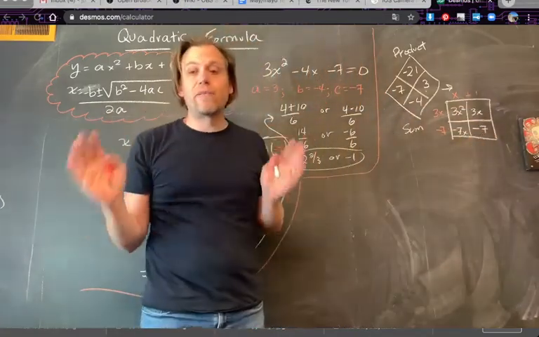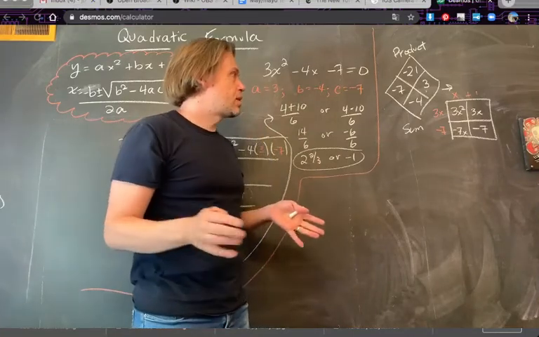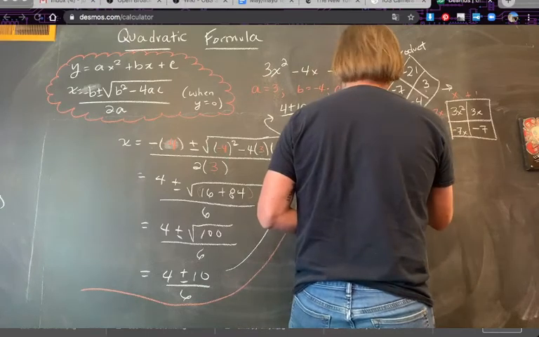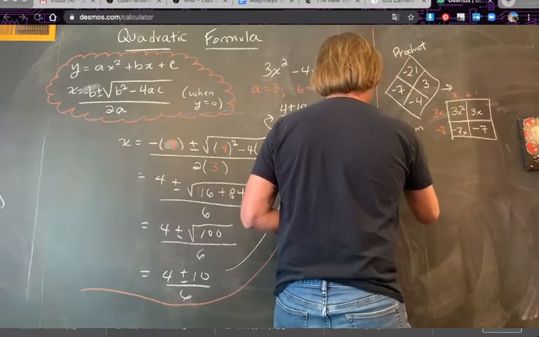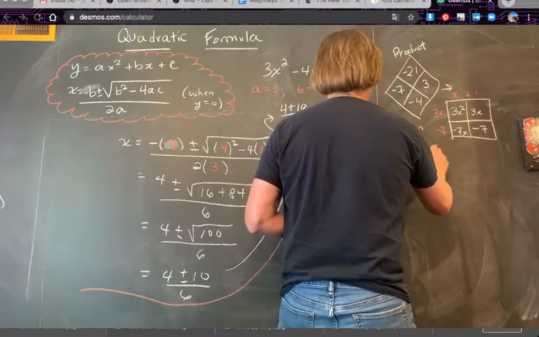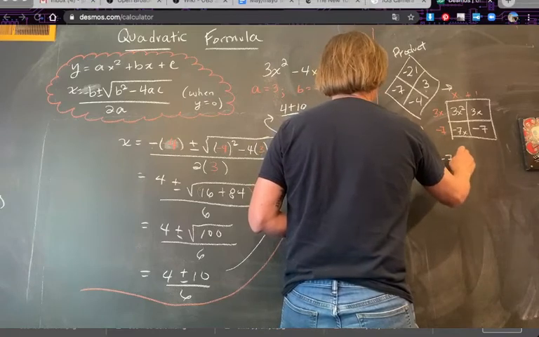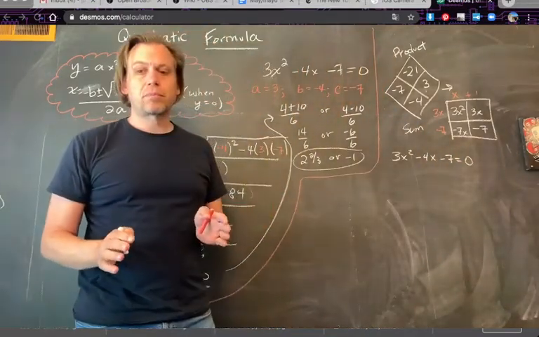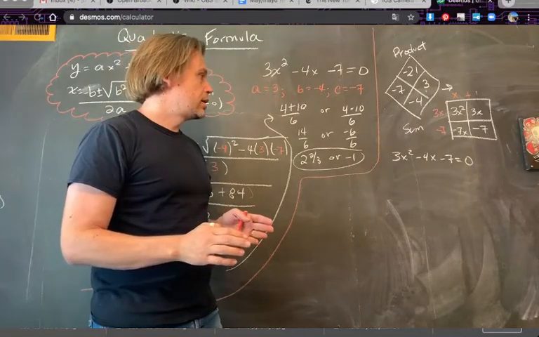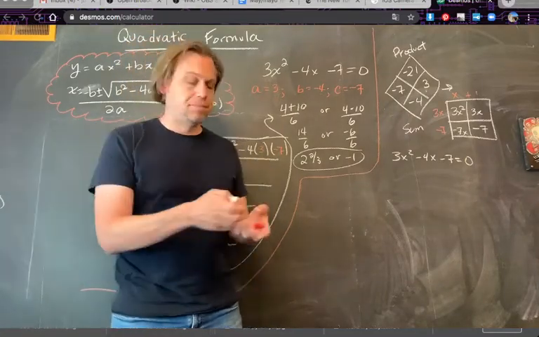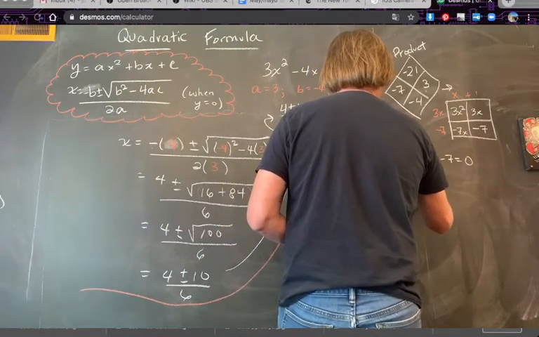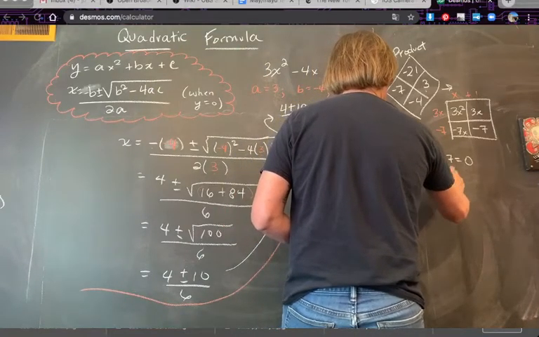And I've just now factored this polynomial. So now, this equation that was 3x squared minus 4x minus 7 equals 0 can now be rewritten as a whole new equation. I rewrite it as 3x minus 7 times x plus 1.